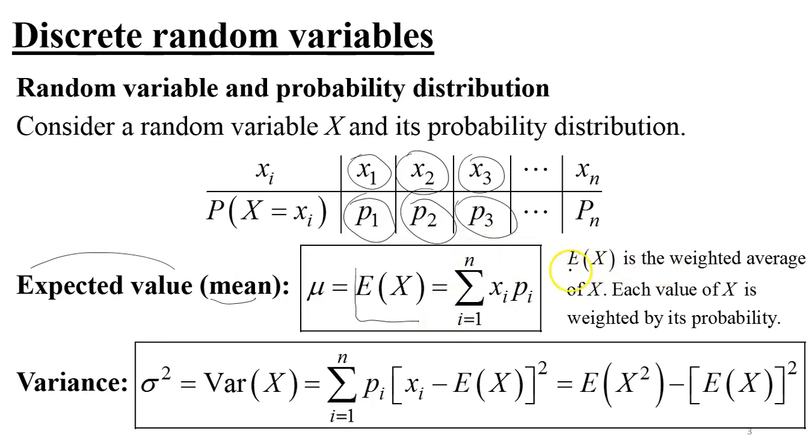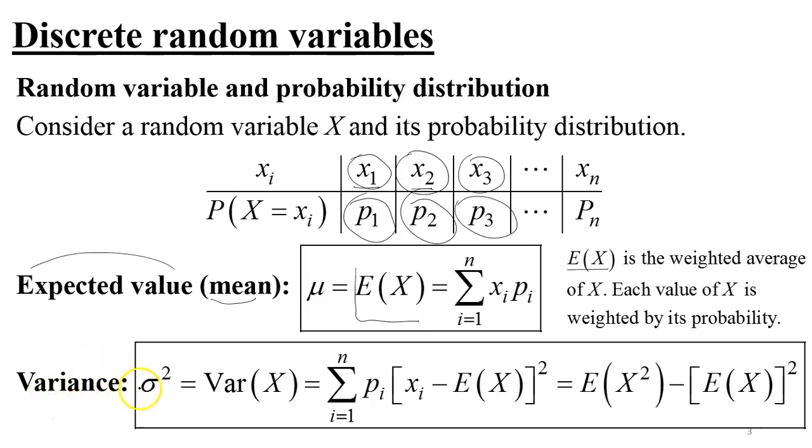E of x is considered to be a weighted average, because each value of the random variable is weighted by its corresponding probability. The value you end up with for the expected value is the value that you would be expecting as an outcome.